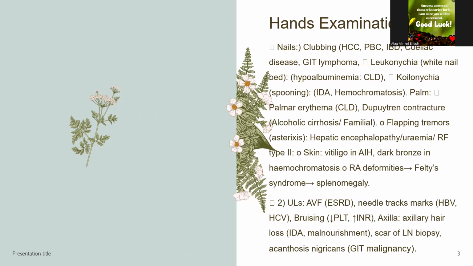Axillary hair loss could be due to iron deficiency anemia, malnourishment, or chronic liver disease. We could also find scars of lymph node biopsy in the axilla, and acanthosis nigricans, which could be a sign of GIT malignancy.